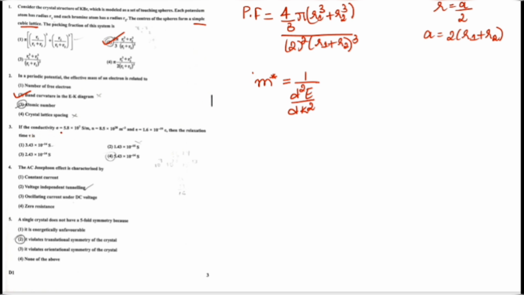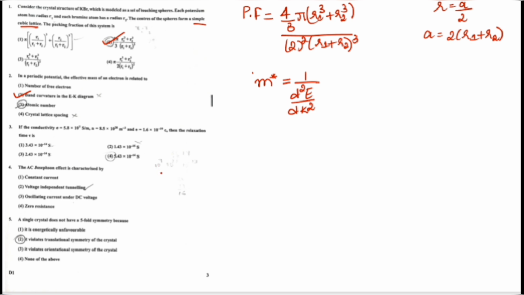The third question: if the conductivity sigma is equal to 5.6 into 10 to the power of 7, n is equal to 8.5 into 10 to the power of 28, and e is equal to 1.6 into 10 to the power of minus 19, then the relaxation time tau is equal to how much?